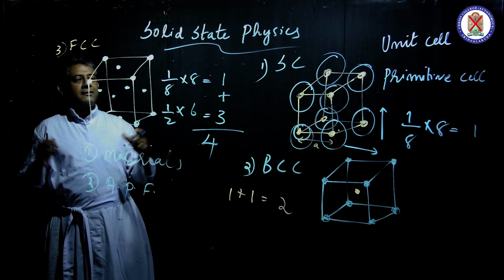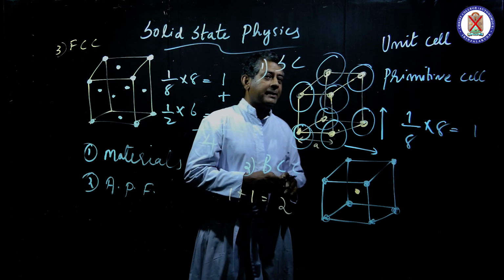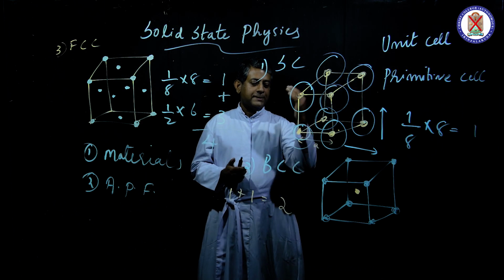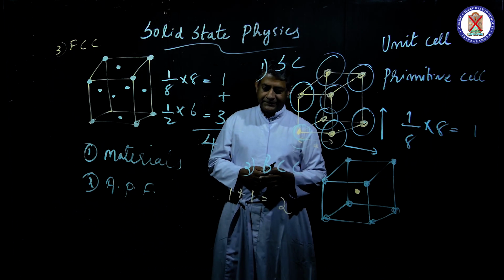That is atomic packing fraction. In the next class, we will be deriving the atomic packing fractions of simple cubic, BCC, and FCC structures.